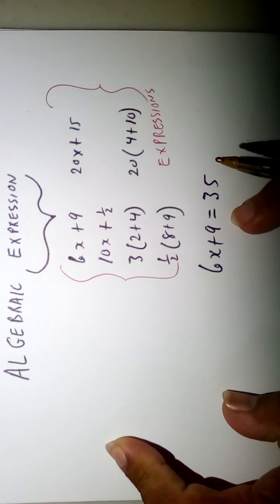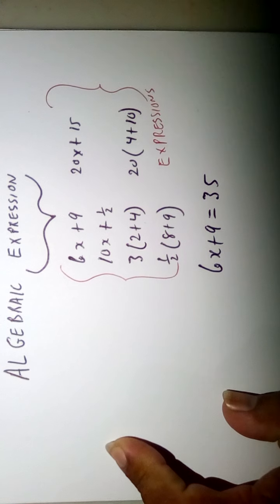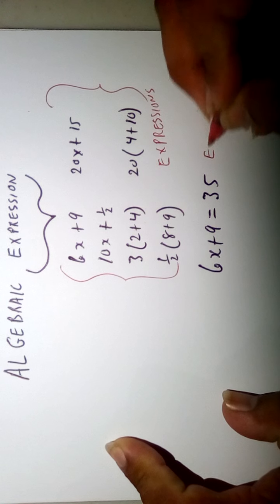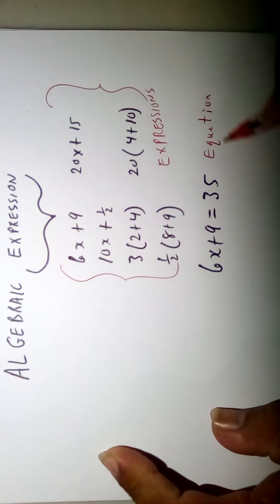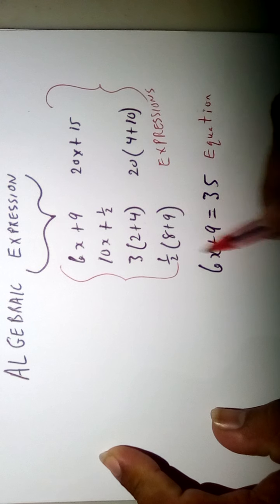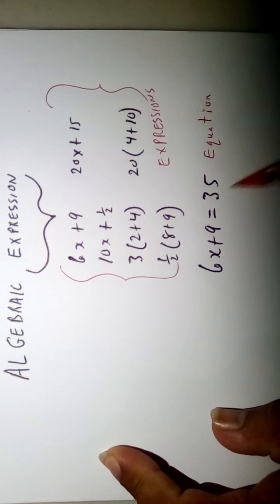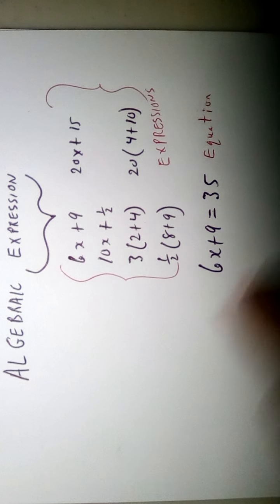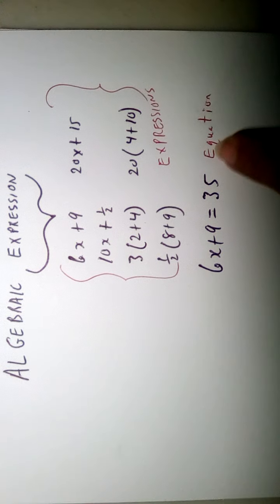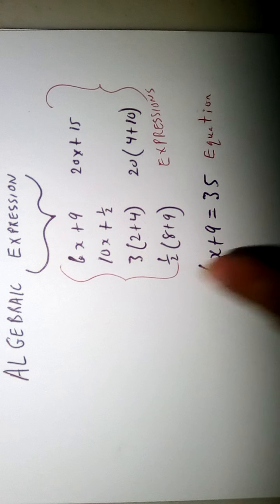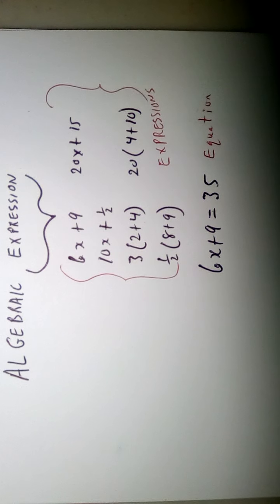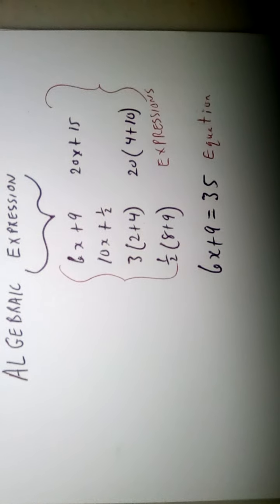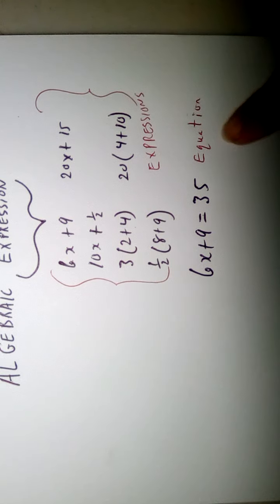No, this is now an equation. So let me write that down. This is now an equation. Okay, equation because of the equal sign, and there's an expression that gives it its value. So this is an equation made up of an expression. These are just expressions.